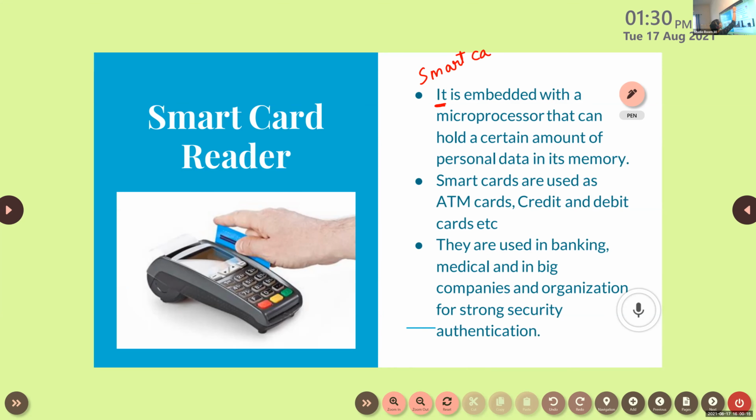The smart card is embedded with a microprocessor that holds a certain amount of our personal data in its memory. A special reader machine that is used to read this microprocessor is known as smart card reader.